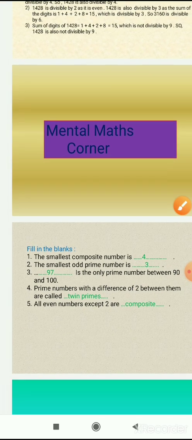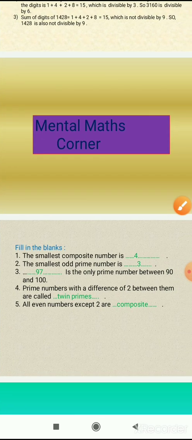Next is dash dash is the only prime number between 90 and 100. So its correct answer is 97. So we fill the blank with the correct number 97. Fourth is prime numbers with a difference of 2 between them are called twin primes.